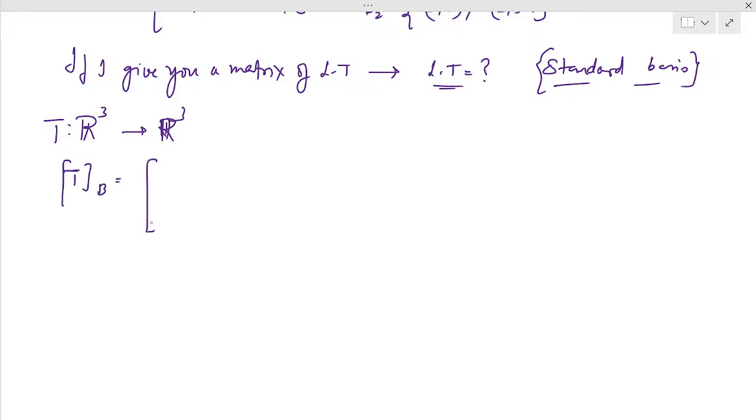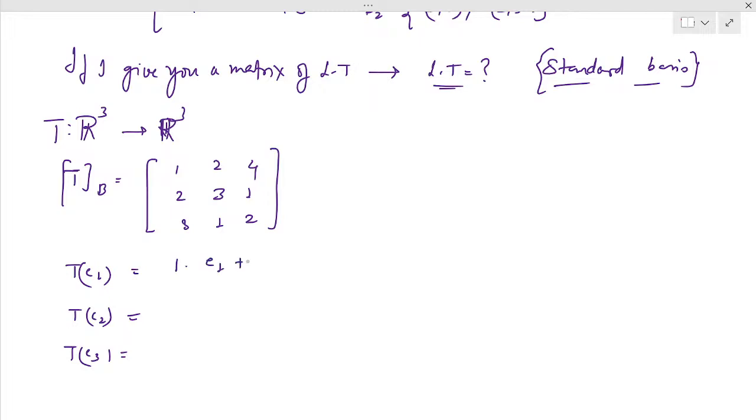Let's say the matrix of linear transformation is given by (1, 2, 4), (2, 3, 1), and (3, 1, 2). Okay, so this is it. So what will happen? I know that T of E1, T of E2, and T of E3 is equal to what?